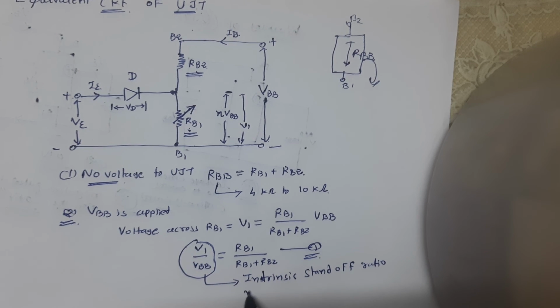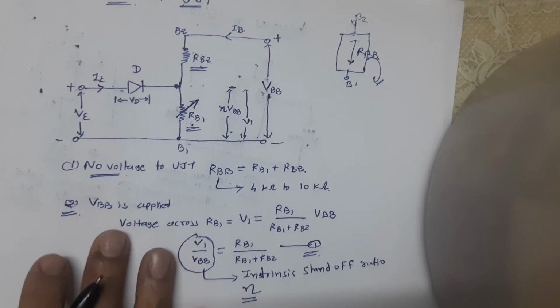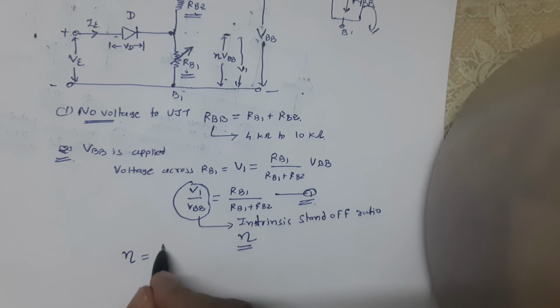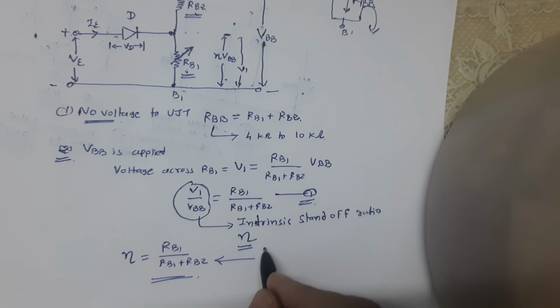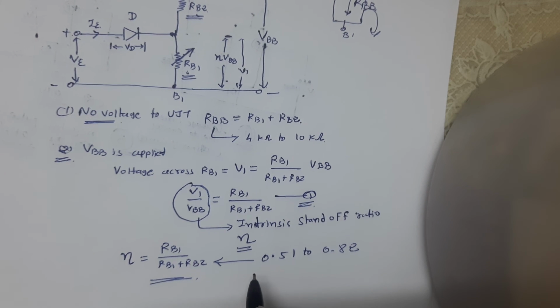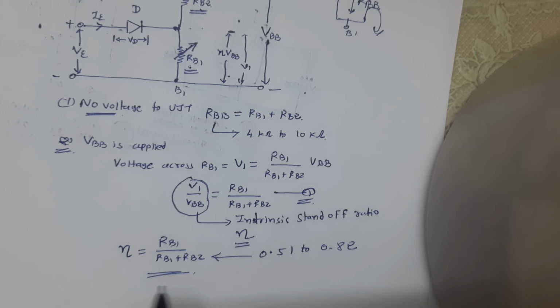So eta is equal to RB1 upon RB1 plus RB2. The value of eta is in between 0.51 and 0.82.